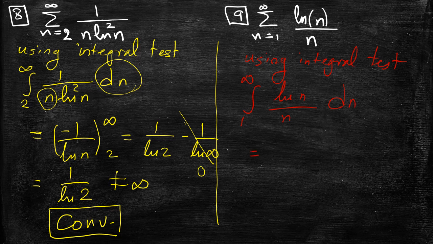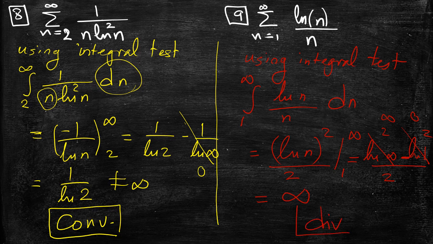With u equal to ln n, du times u, so this will be ln n squared over 2. Substituting with infinity and 1, it will be ln infinity squared minus ln 1 squared, divided by 2. Ln 1 is 0, ln infinity is infinity, then this is infinity over 2, which is again infinity. The integral will give us infinity, so this series is a divergent series.